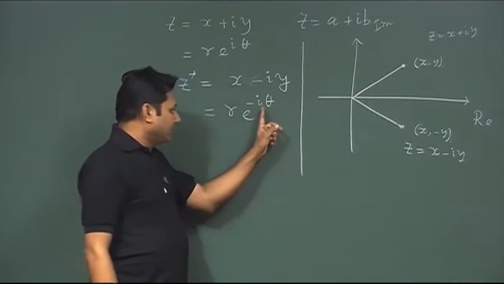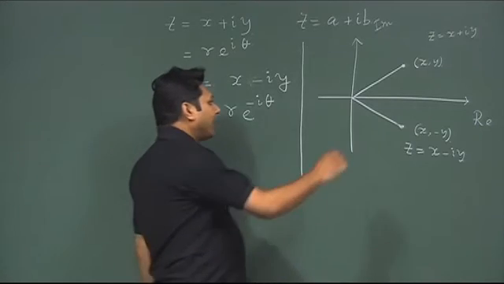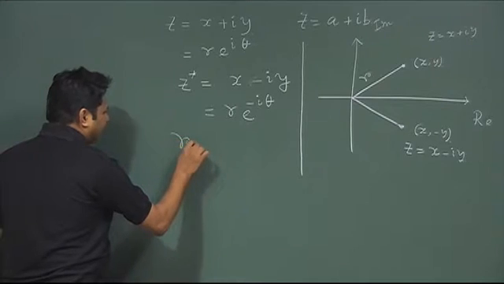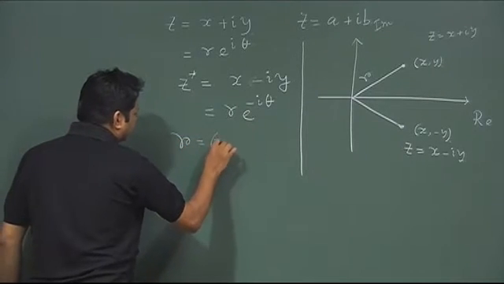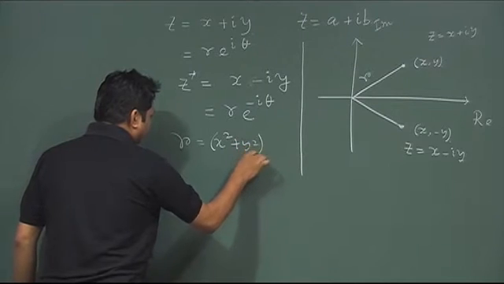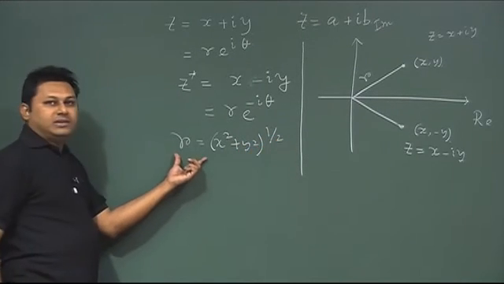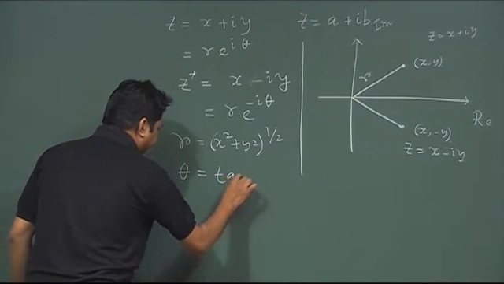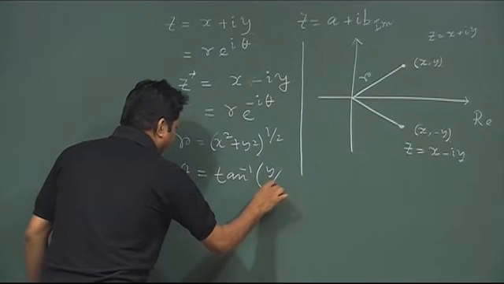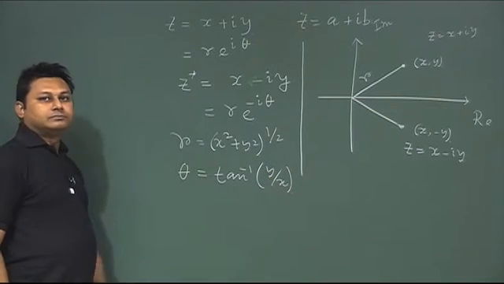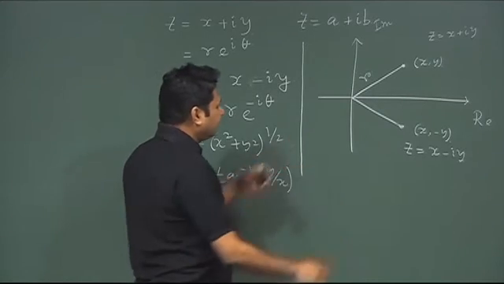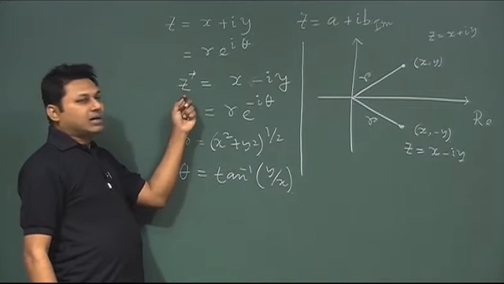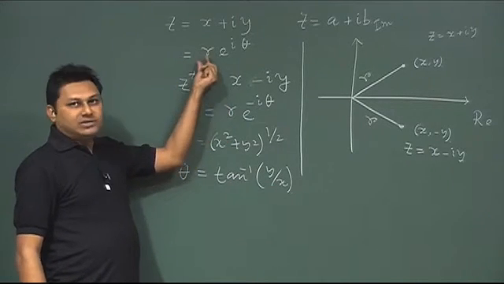Also, if I say these things in terms of theta, this is the value of r. By the way, there is a relationship between r and theta with x and y that we also derived last class. r will be this quantity and theta will be this quantity. Now, if I say this is r, in both cases there is no change, whether it is z or z star, r will not change, because this is a real part.